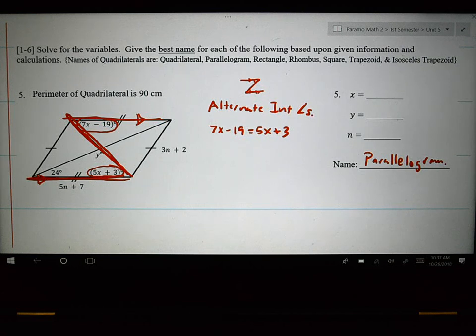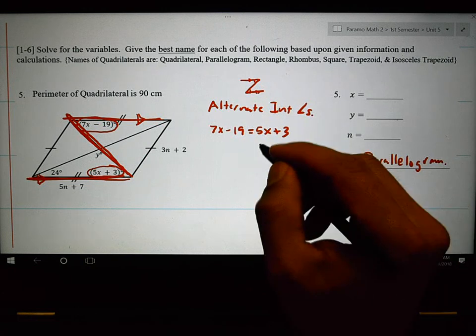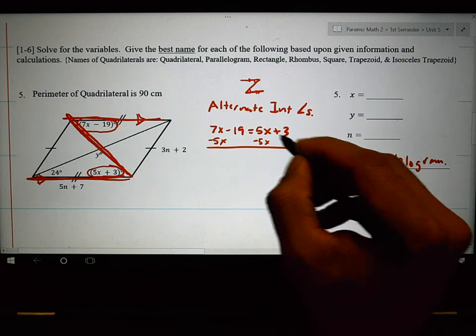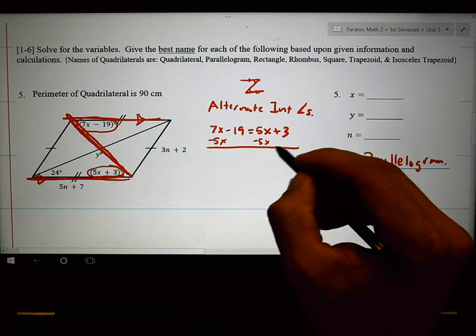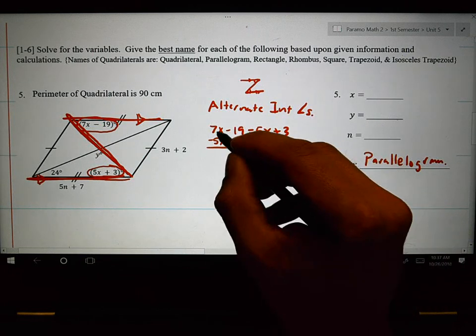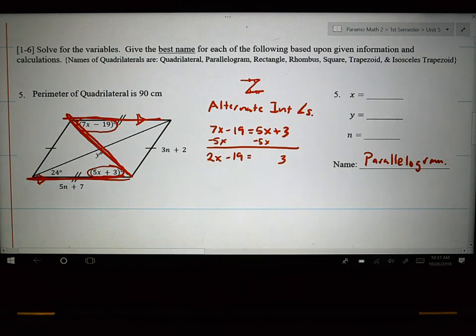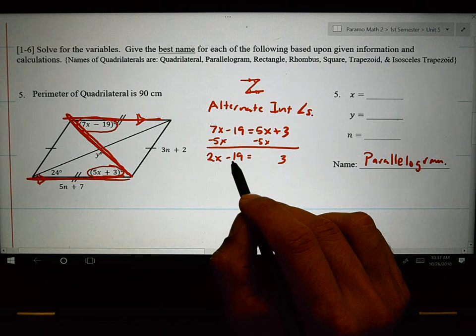And then what you can do is you could subtract 5x from both sides. 5x, take away 5x is 0. 7x minus 5x is 2x. Minus 19 equals 3. I want the x by itself, so I'm going to move the minus 19.